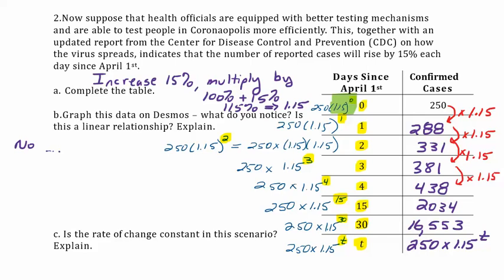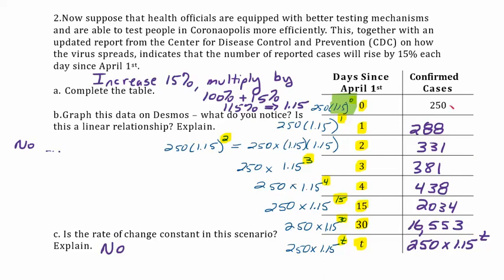Question number C says, is the rate of change constant in this scenario? And the answer is no, because it's not linear. But you could also actually calculate the rate of change. Let's do that for a couple of these. When we're looking at rate of change, we're going to see how many cases are being added.